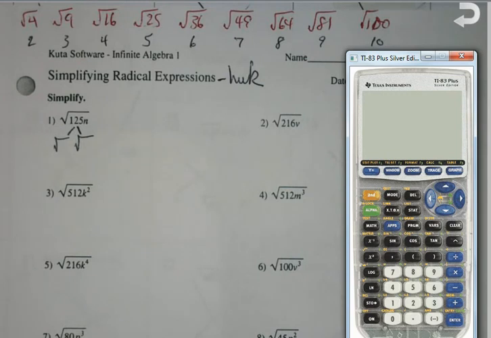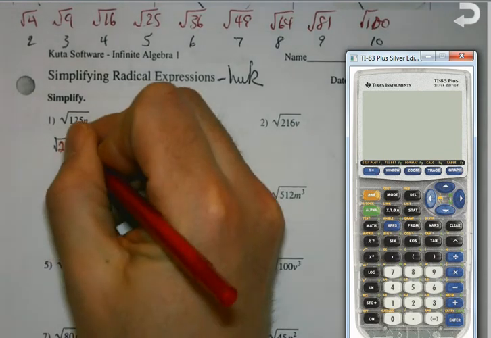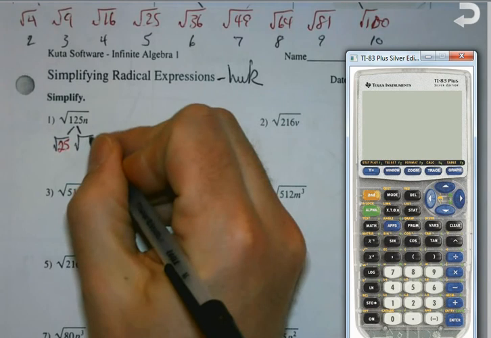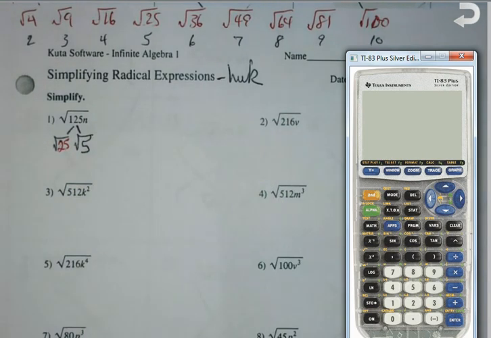So, here's what we're going to do. I need to find two numbers that multiply to 125, one of which is in the list. All right, 25 and 5. Now, this one I hope would have been a little bit easier because it's sensible that 25 would go into 125. And then 5 and 5. But let's not get too far ahead of ourselves here.